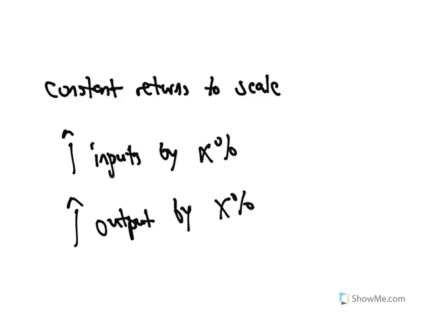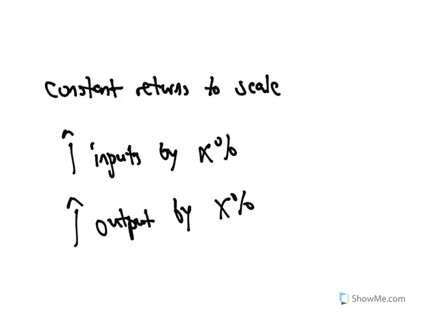So it's constant. If I increase my inputs by 50%, my output increases by 50%. And most businesses over the long run are eventually going to operate in this range, where you get out what you put in. 50% more input, 50% more output, okay?